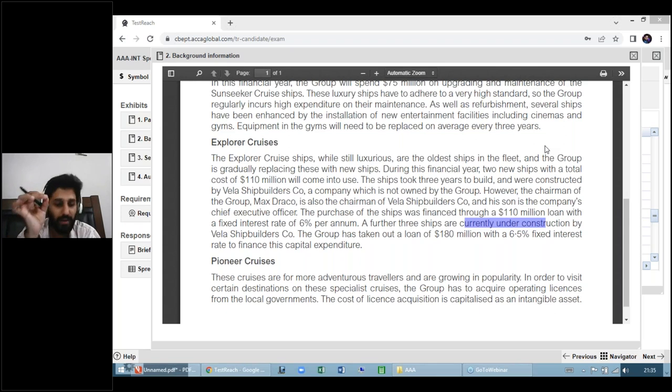And its 6.5% is 11.7, which should be capitalized. There is a risk it is expensed out. Do you understand this thing now? Okay, that's good enough. Now I am going to write this thing.